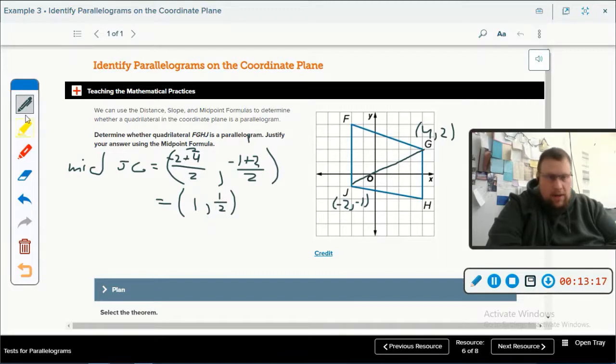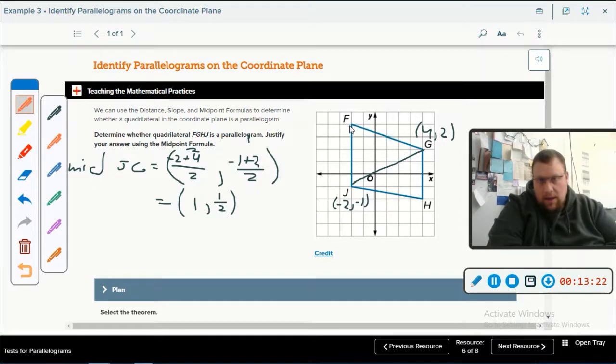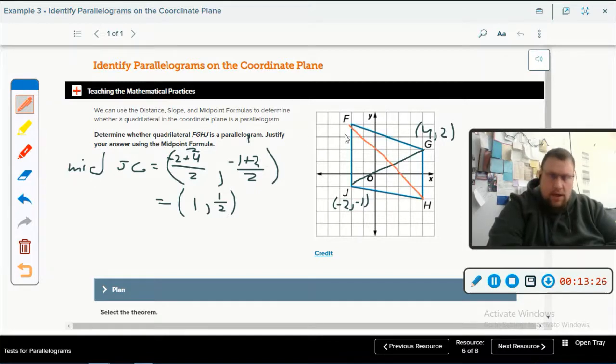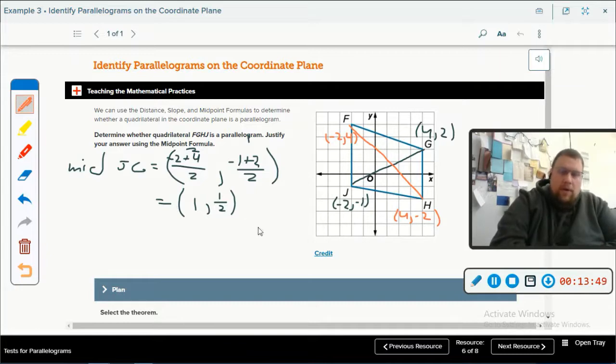Now, I want to find, let's get a different colored pen. I'm going to go with red. I need to find the midpoint of FH. Now, F is the point negative 2, 4. And H is the point 4, negative 2. And hopefully we come up with the same exact midpoint.